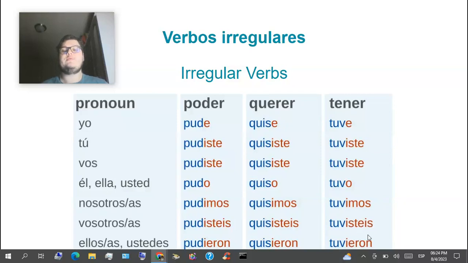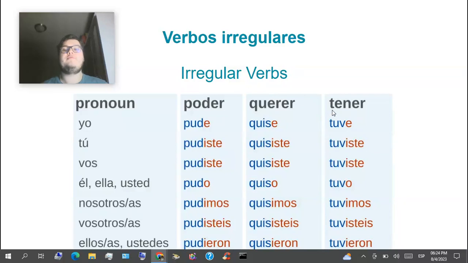Ellos, ellas, ustedes tuvieron. So as you can see, we have a stem in blue color, and in this case, we are going to change the stem. Instead of ten, de tener, you have to say tu, tuve.